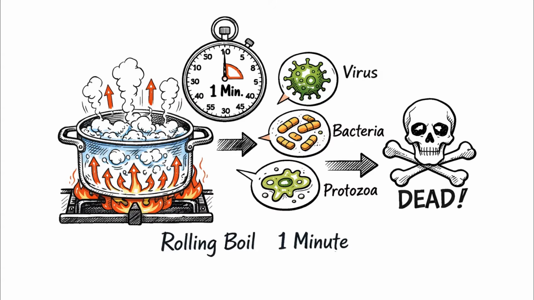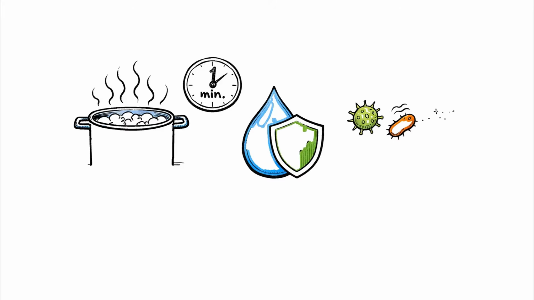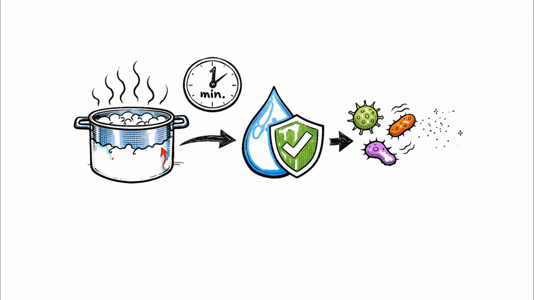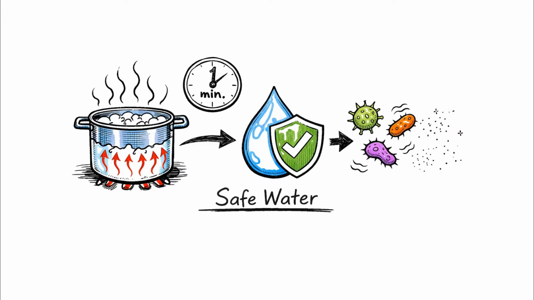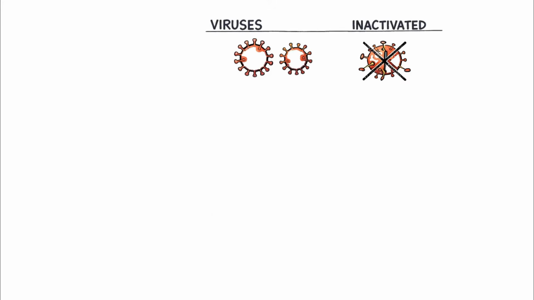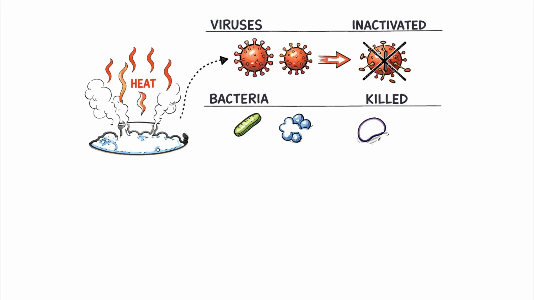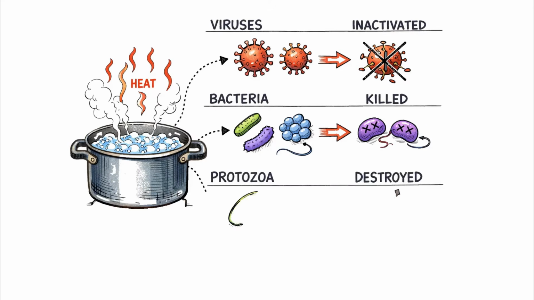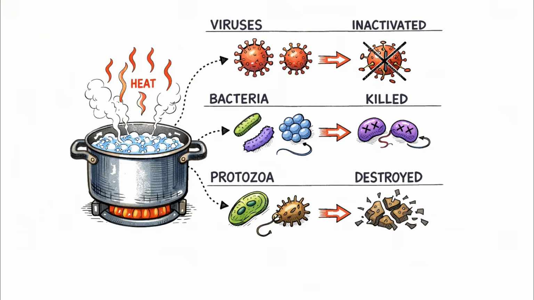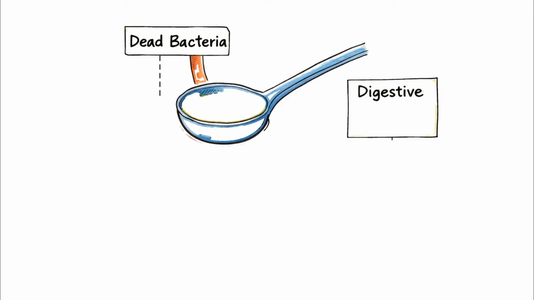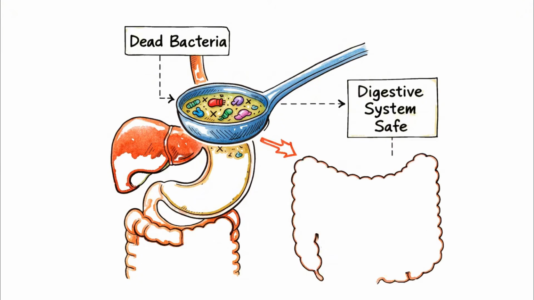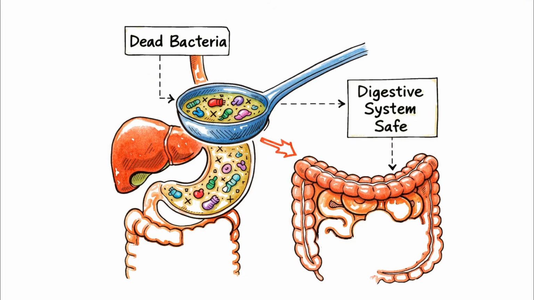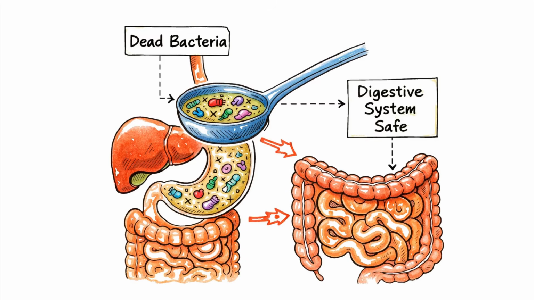This includes those dangerous viruses, harmful bacteria, and resilient protozoa, making it biologically safe to consume without fear of any immediate infectious disease. While the thought of drinking a soup of dead bacteria bodies might sound unappetizing, it is perfectly safe for your digestive system to process. Your body is remarkably adept at handling such harmless organic debris, so the primary danger from these biological entities is completely neutralized by sustained heat.